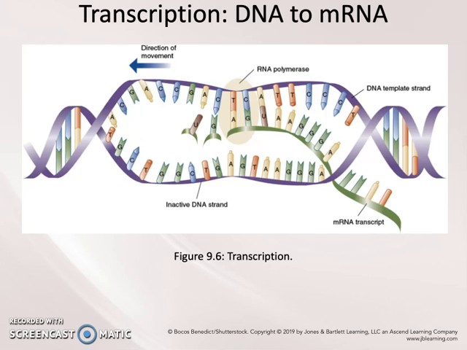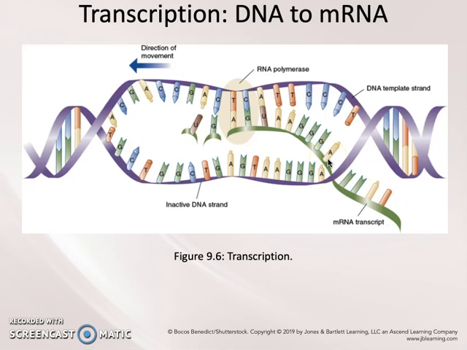Transcription is very similar to DNA replication, where the first step is to pull the molecule of DNA apart at its hydrogen bonds in the middle to reveal the important information inside. Then an enzyme comes and adds nucleotides one at a time to generate a product. The difference is that here the product that you're making is RNA. And so the nucleotides that are being added are RNA nucleotides.